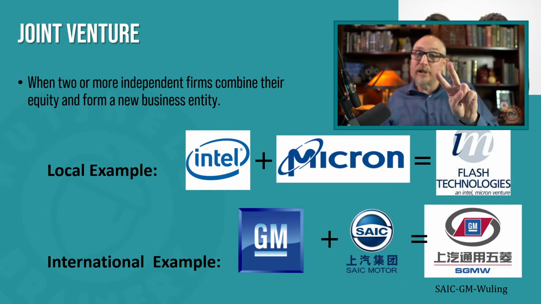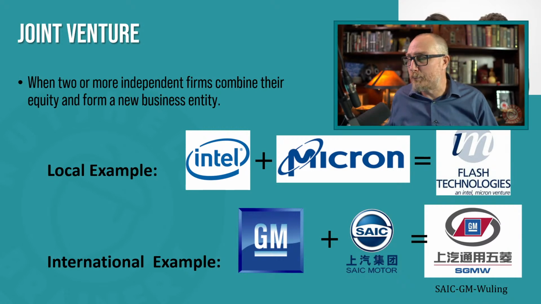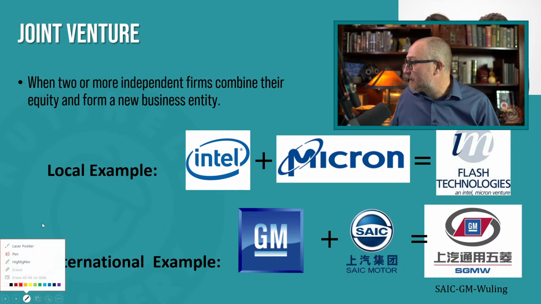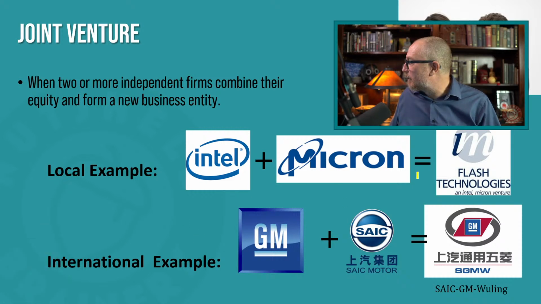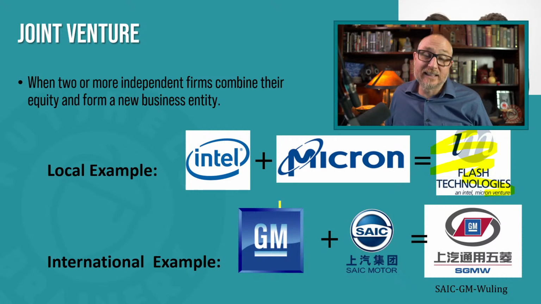Now, the two companies don't disappear, they still exist, but they've created a third company together. So, for example, Intel and Micron got together to start IM Flash Technology. They're out in Lehigh, so you may have heard of IM Flash Technology. That's an example of a joint venture.